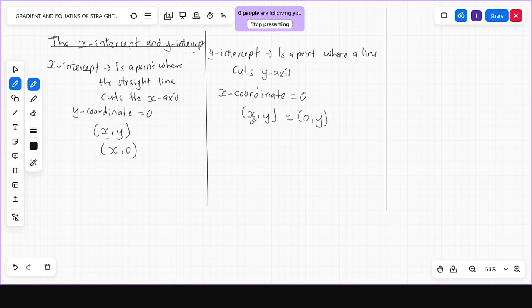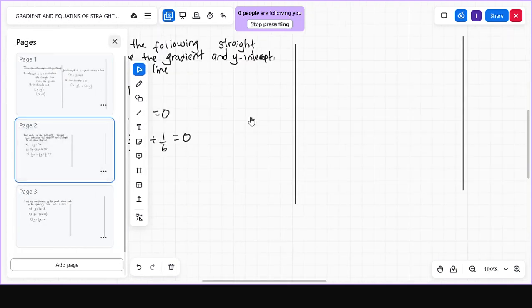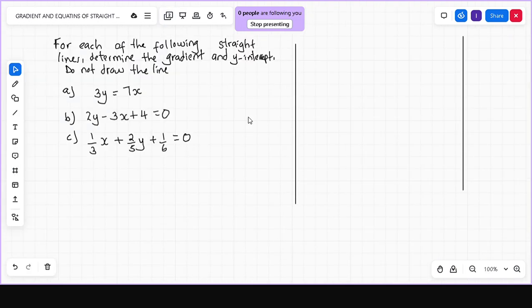Now let's perform some examples. I've got this question here. Example question: for each of the following straight lines, determine the gradient and y-intercept. You're being told not to draw the line.